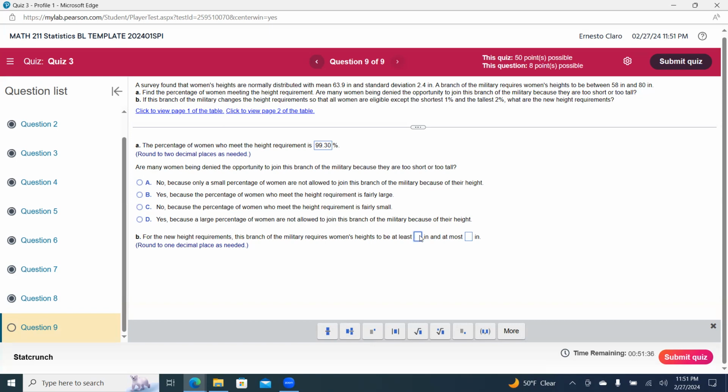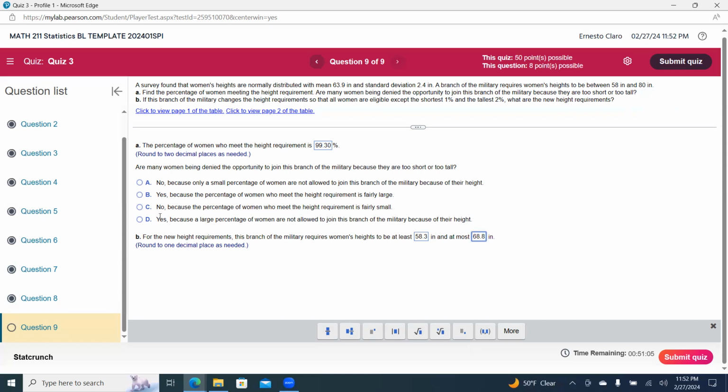We do the same thing, 0.98. Okay, good. Round to 1 decimal place, I get, yeah, if we're not allowed to include the lowest 1% and the tallest 2%, the low cutoff is going to be 58.3, and the high 68.8.